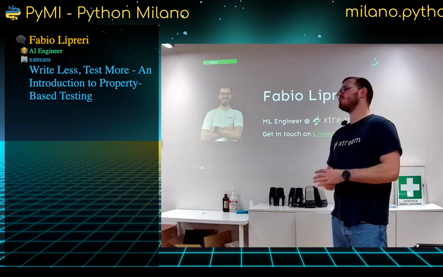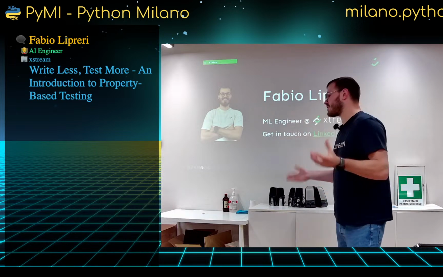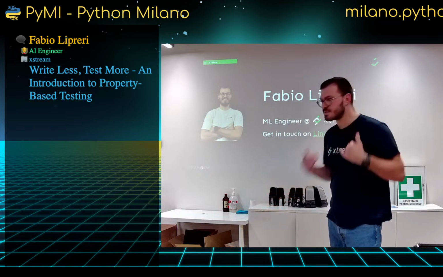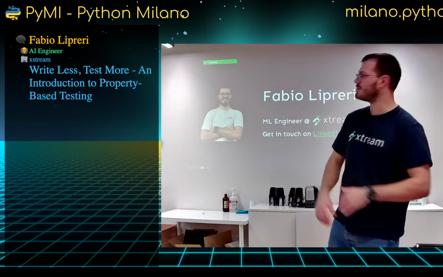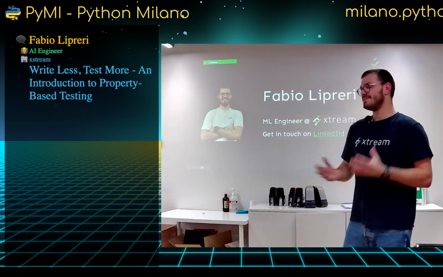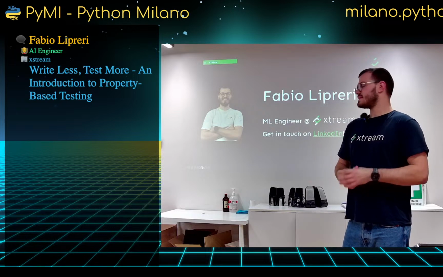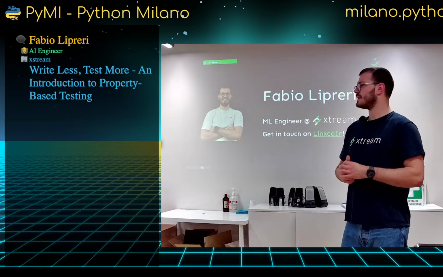I would suggest that sometimes it's hard to use because it's hard to find a good property for a function. That's my experience, maybe you are all very good at finding properties. I don't know if I replied.